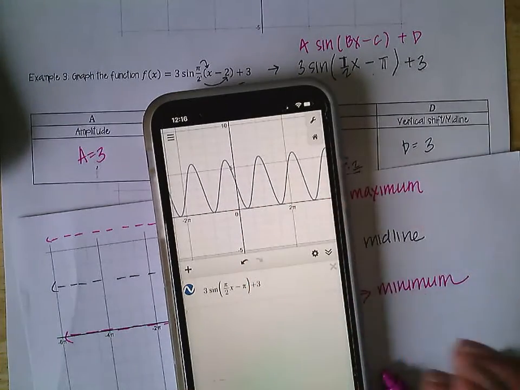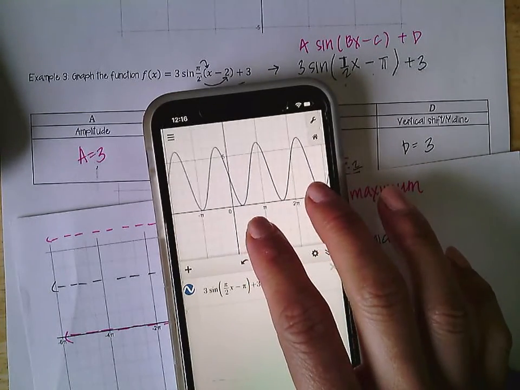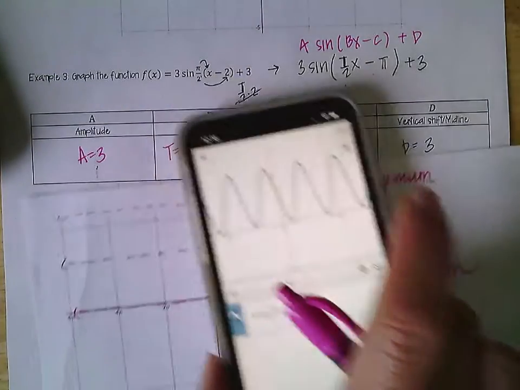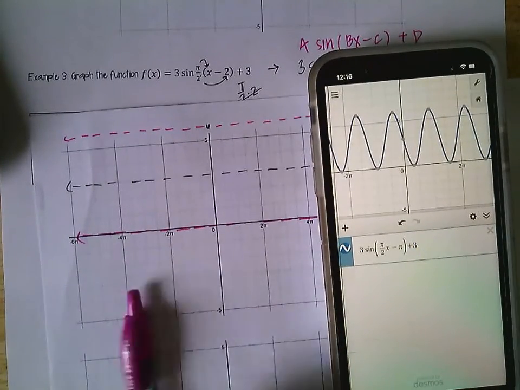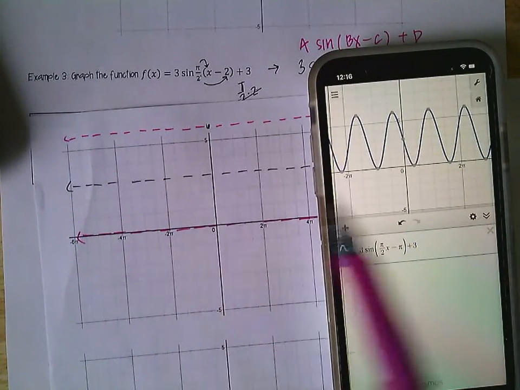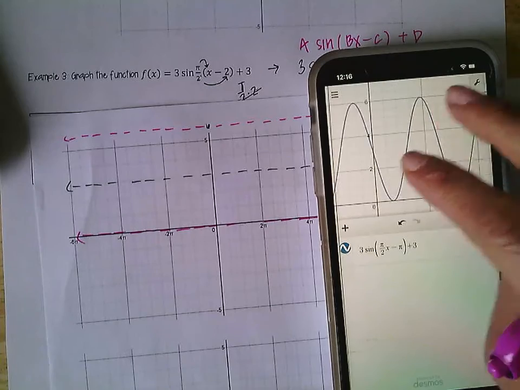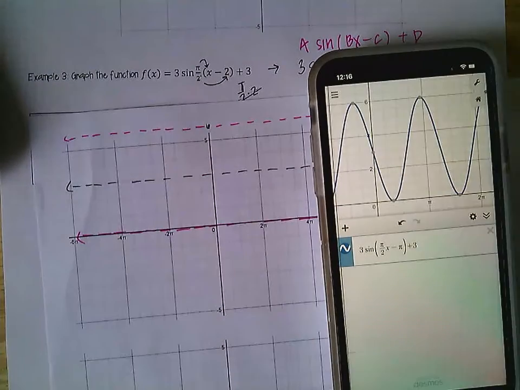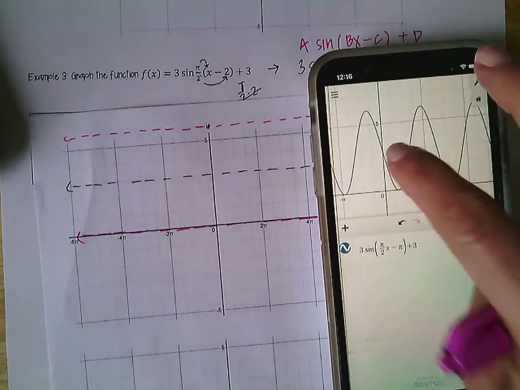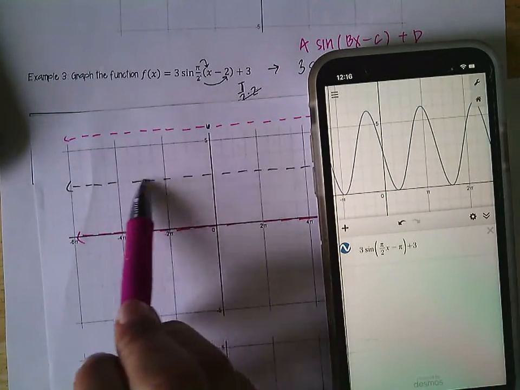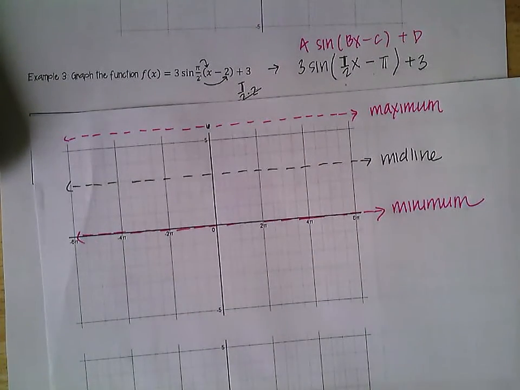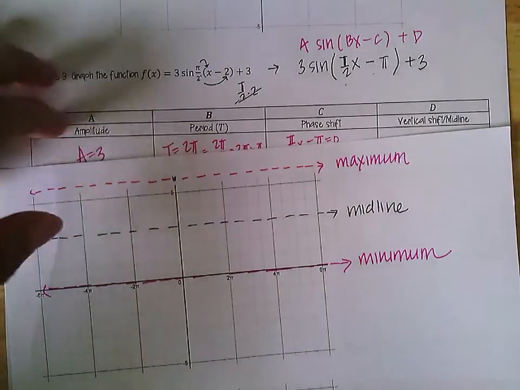Okay, so you can see here that our sandwich template is correct because we have our x-axis as the bottom half of my sandwich, Desmos shows us at 6 right here is the top half of the sandwich, and then you can see that the midline is at 3, which is right here, exactly what we wanted. Okay. Just want to show you that you can always use Desmos to check your work.